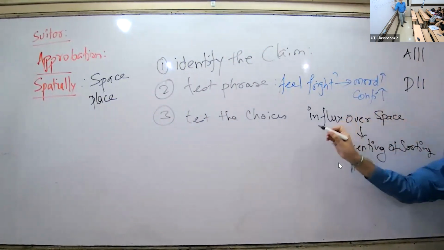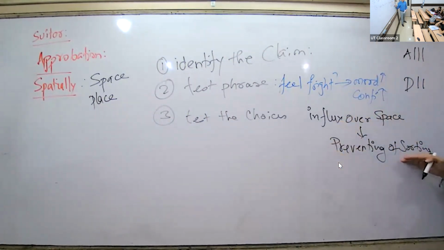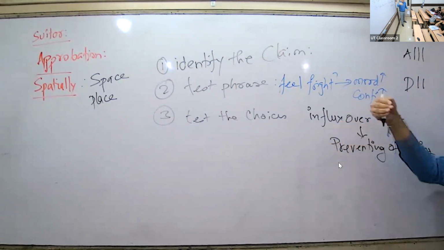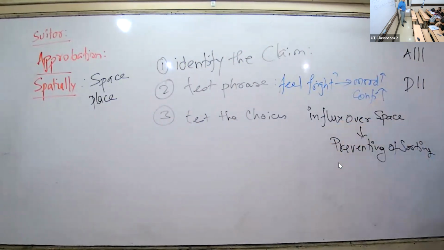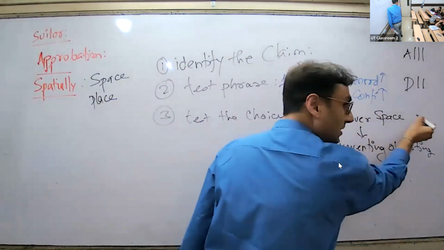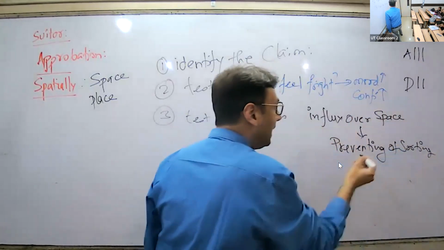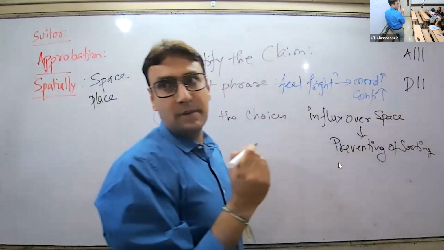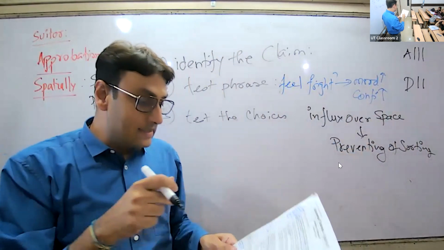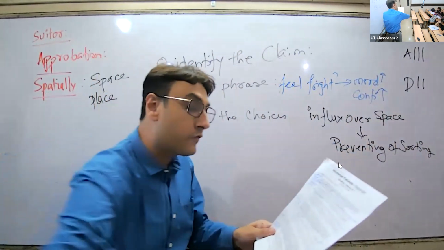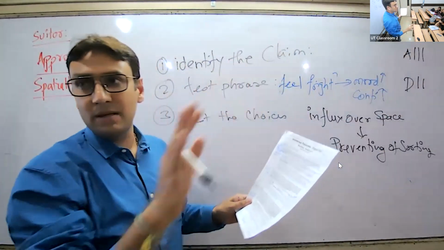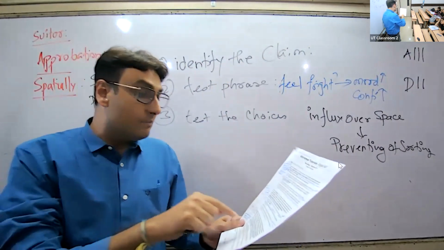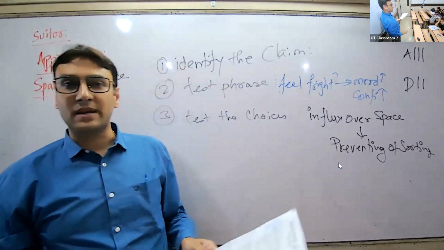Whereas my researcher says sorting is not happening of sediments because of influx. कुछ और आ रहा है. Types of sediments के कारण नहीं हो रहा है. ये नहीं बोल रहे हैं वो. ये बोल रहे हैं कुछ और आ रहा है. stream में influx हो रहा है over some space. And this is preventing sorting of sediments. Whereas option A says the stream contains several types of sediments. Types of sediments की बात ही नहीं हो रही है. Because it contains several types, hence no sorting. This is not the answer.